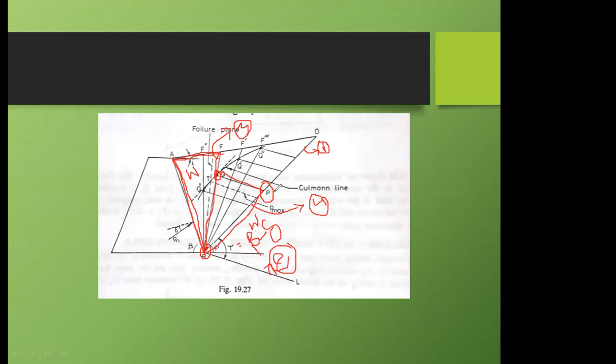You need to draw a PQ line which should be almost parallel to the BL line, and you need to end this PQ line at the intersection point with the assumed failure surface. This line should meet the assumed failure surface BF. This point is considered as the Q point. So this is the fifth step: drawing the PQ line.